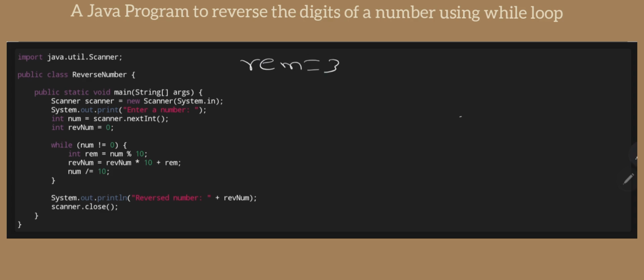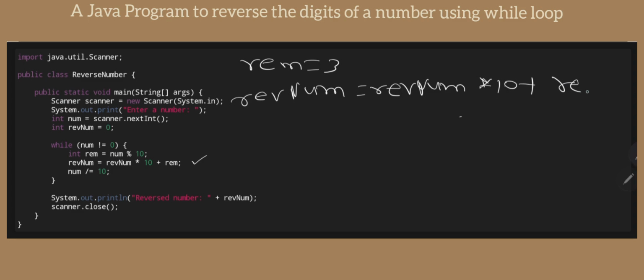Now we have to focus on this line, revNum equal to revNum multiply by 10 plus rem. Is it clear? So reverse number last time is 0. 0 multiply by 10 plus remainder, which is 3. So 0 multiplied by anything will be 0, and 0 plus 3 is 3. So reverse number is 3.